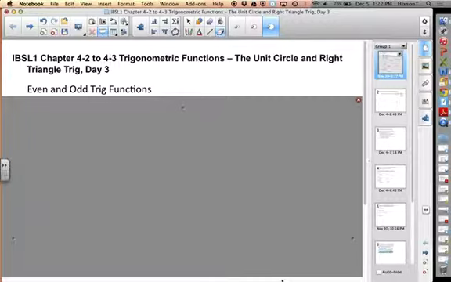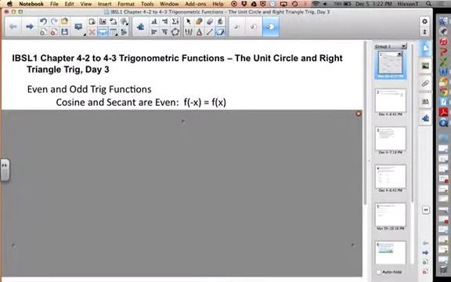But an even function has to do with when you plug in a negative. If you plug in a negative for x, you get the same result as when you plug in a positive for x. And cosine and secant are like that. Secant is 1 over cosine.